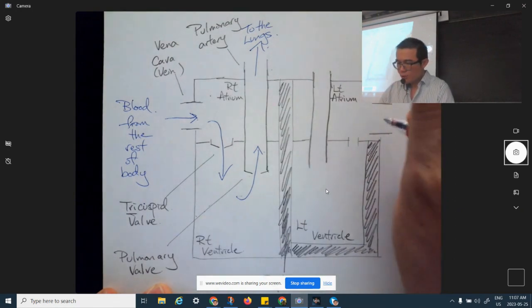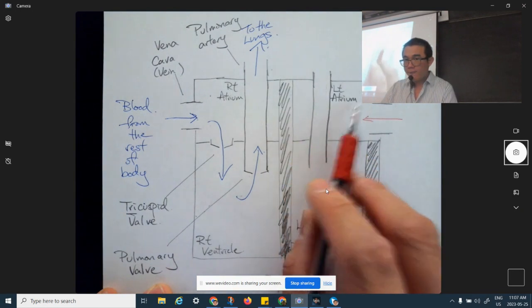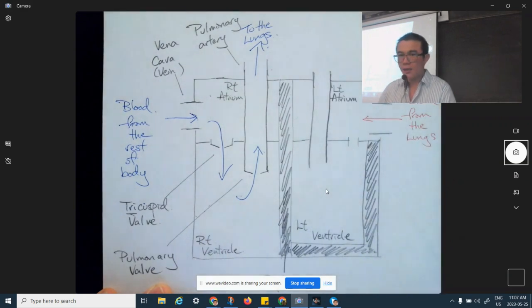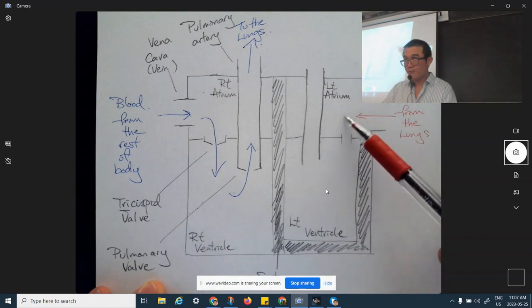And oxygenated blood will go into the left atrium through the pulmonary vein. So blood from the lungs, okay? Blood from the lungs goes into the left atrium.